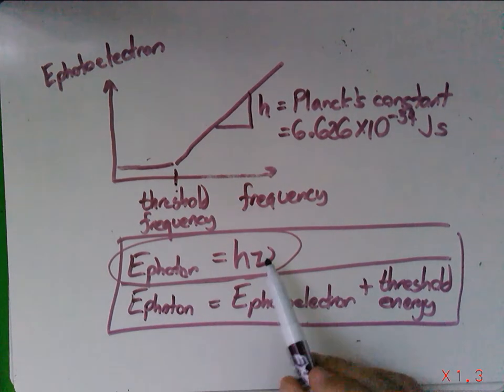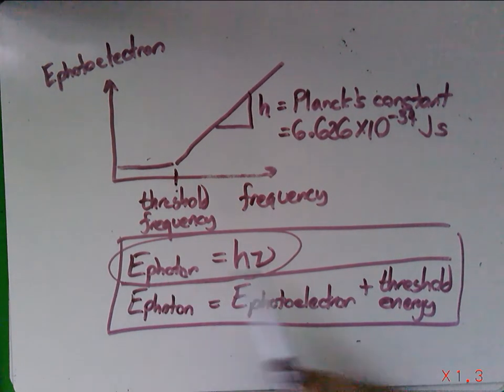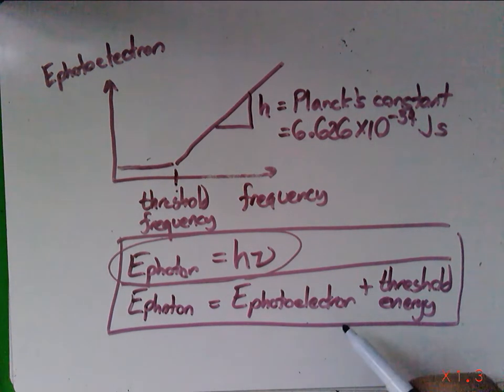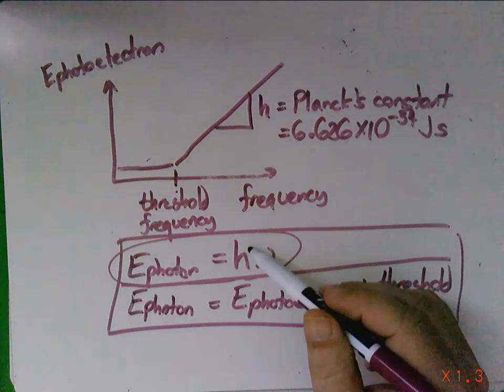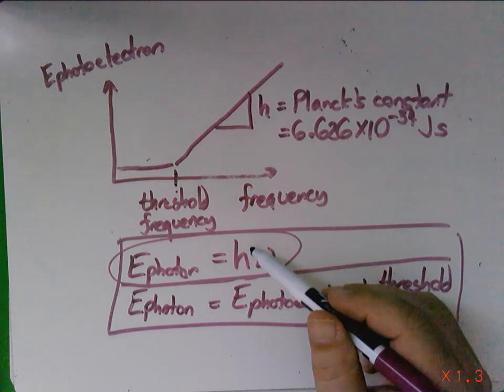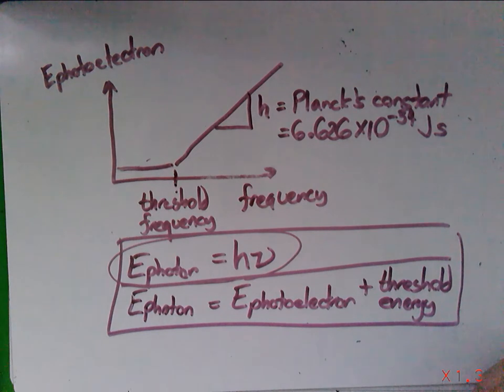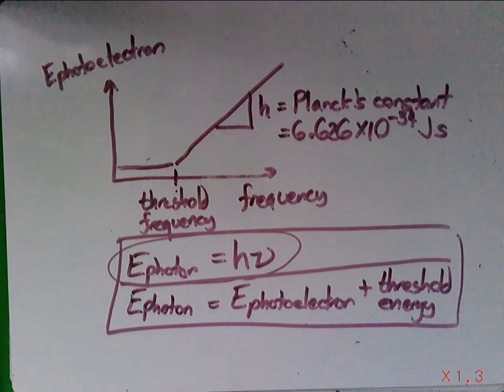This connects a particle's energy with a wave's frequency. So it's a connection between those two worlds. Whenever you see Planck's constant appear, you're working in this new physics, this new quantum mechanical physics. And then this is the energy budget for this. And we're going to play with this in some of the problems that we'll do in the next couple of frames.